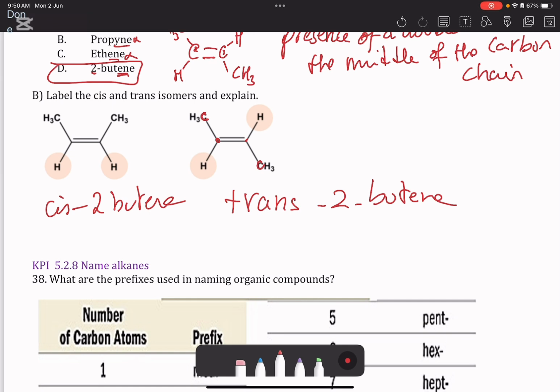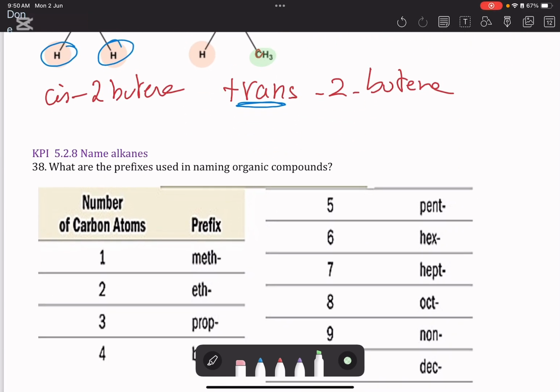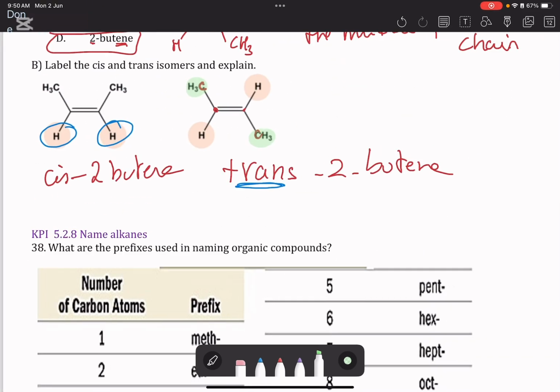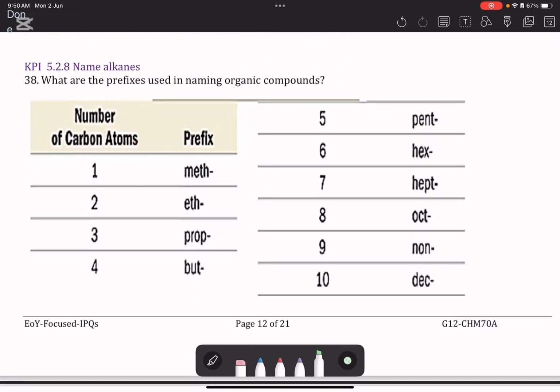In the cis, the large groups must be facing each other around the double bond, or the small groups must be on one side of the double bond. Whereas in the trans, the large groups must be opposite to each other, not on the same side of the double bond. You can either say large groups, or you can discuss the hydrogens, see where they are.